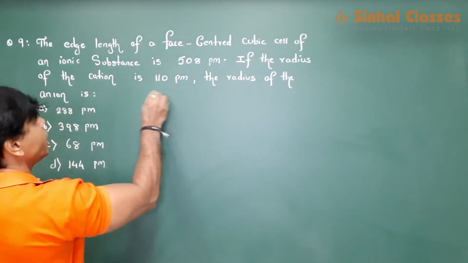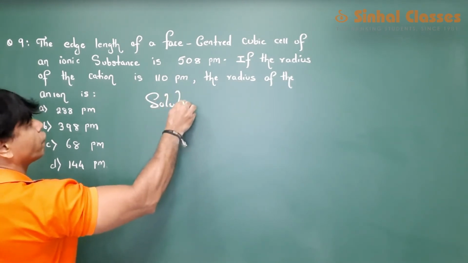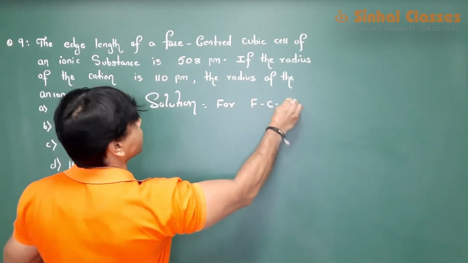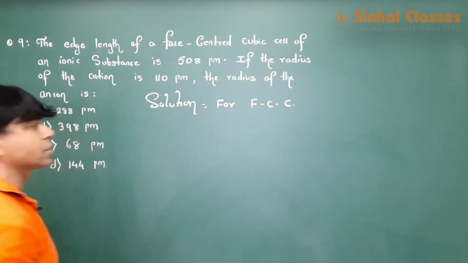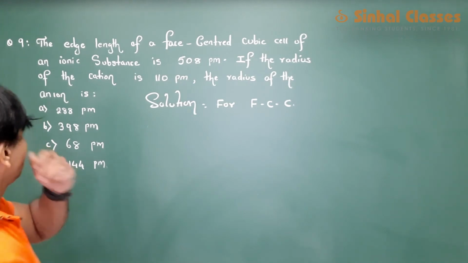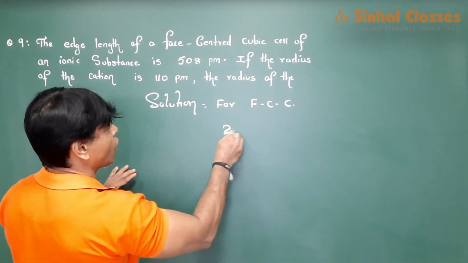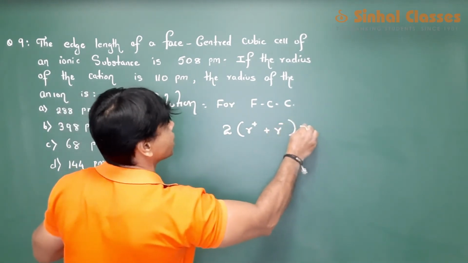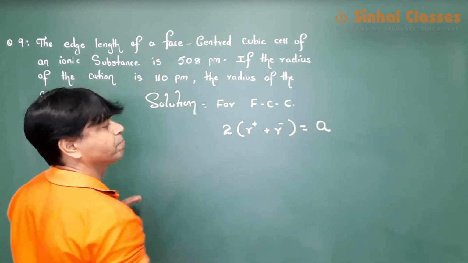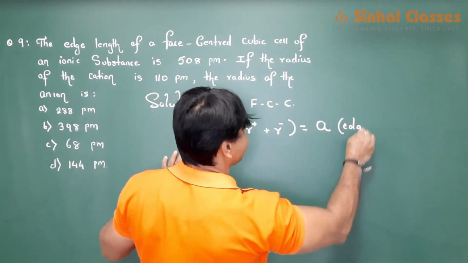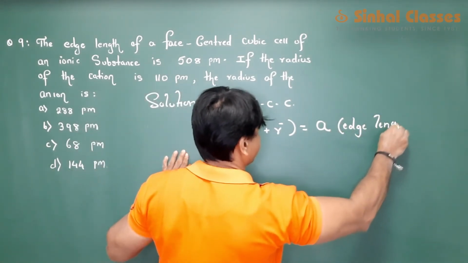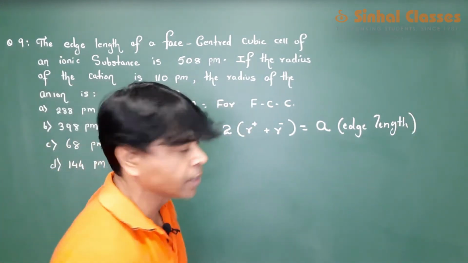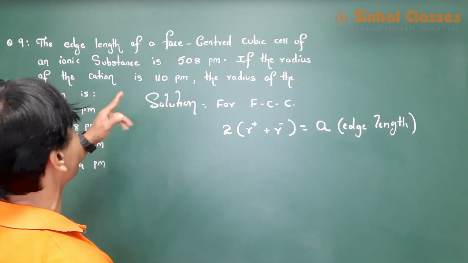Now we know for FCC, that is face-centered cubic cell structure, for an ionic compound, twice the R plus R minus is equal to the edge length, where A is edge length, R plus is the radius of the cation, R minus is the radius of the anion.